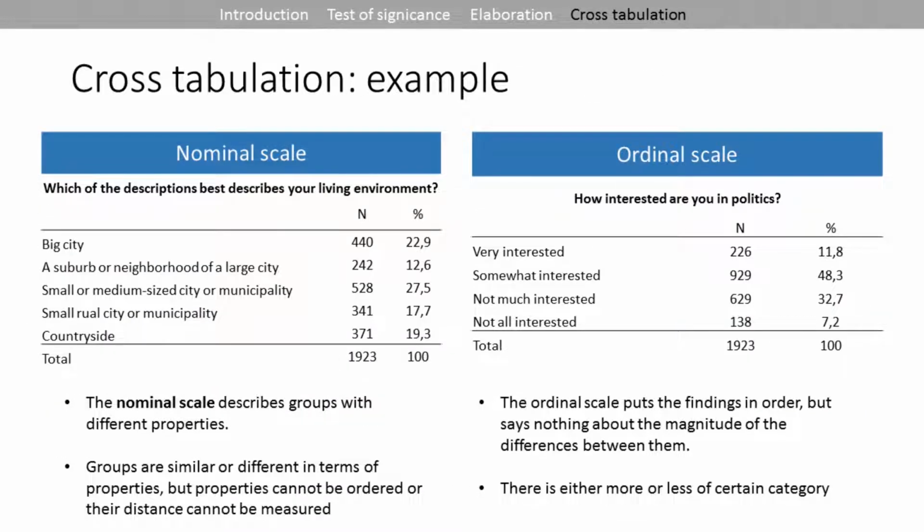So here we can see both of the variables. The nominal scale variable is which description best describes your living environment, and the ordinal scale one is how interested are you in politics. Ordinal because you can rank these.